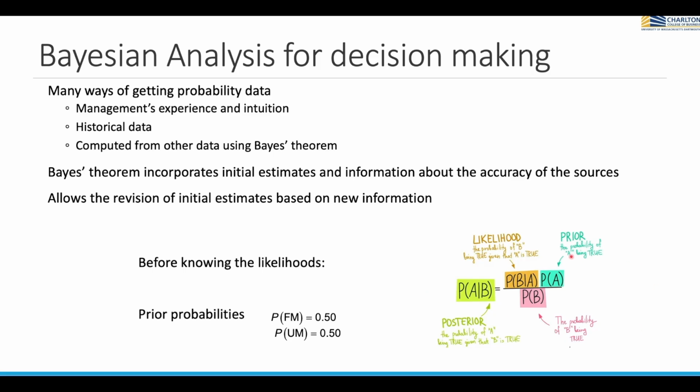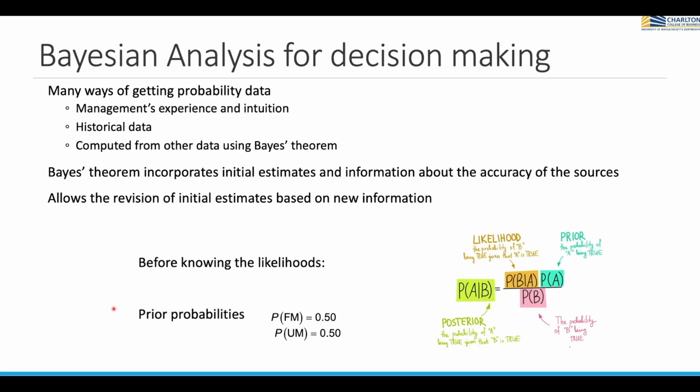So basically, if we have the initial probability about whether the market is favorable or not, and we get some new information from management, from historical data about a favorable market, knowing that the survey also gives us the favorable market, then we can calculate whether the market is favorable or not, or the posterior probability.